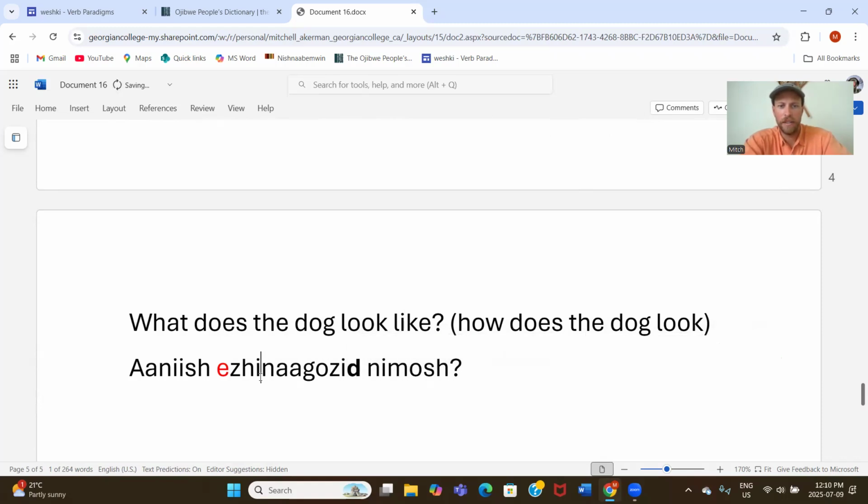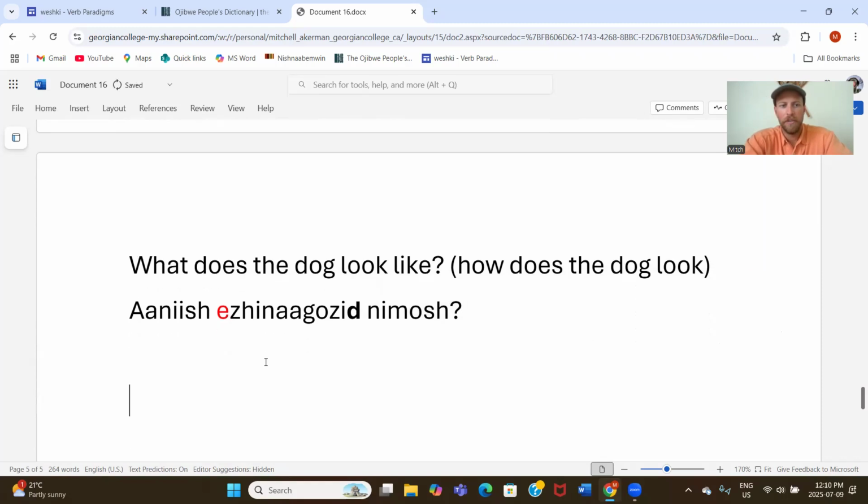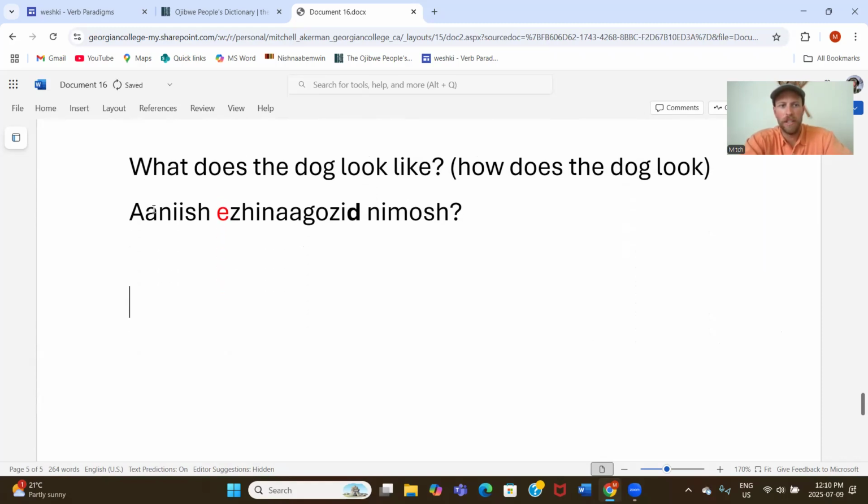Anish esh nagazit namash. You know you're asking the right type of question because you want to ask how does he look? You have Anish and you have ije built into the front of the word. So you're doing the right thing. Anish esh nagazit namash. What does the dog look like? You could say, oh, namash gete nagazit. Oh, namash gete nagazit.